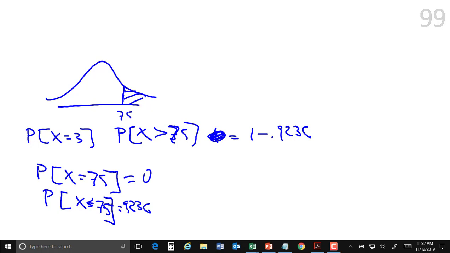That would be the probability of getting somebody taller than 75 inches. You understand? Look at the difference. This is less than or equal, and that one's greater than. Somebody say yeah.